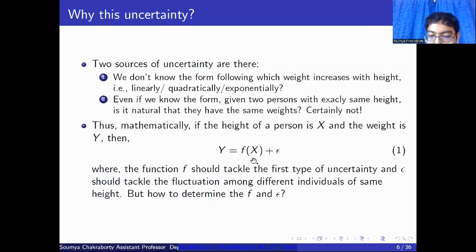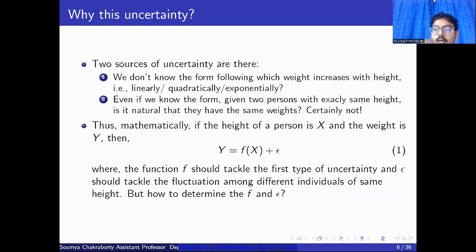So the weight of that person, y, can be evaluated as f(x), that is the function of his height, plus some random term. This function will tackle the relationship between height and weight, whether it's linear, quadratic, or some kind of non-linear. And then the epsilon part is incorporated in this relationship to tackle the fluctuation among different individuals of the same height.